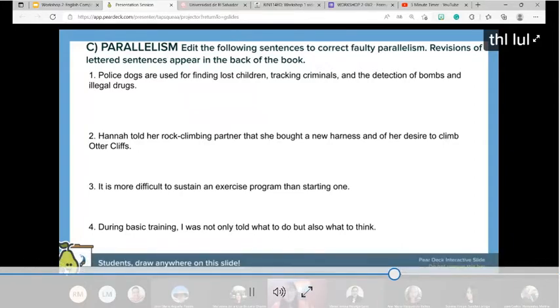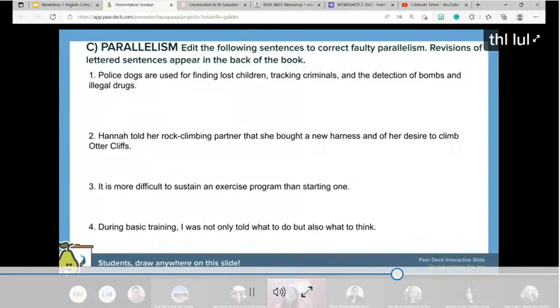You are very familiar with this. Parallelism has to do with having the correct structures. That means if we are using nouns in a list, we are going to use just nouns. If we are going to use verbs, just verbs. If we have a conjunction joining two elements, for example, a simple sentence, and that conjunction is linking another sentence, it will be another simple sentence.